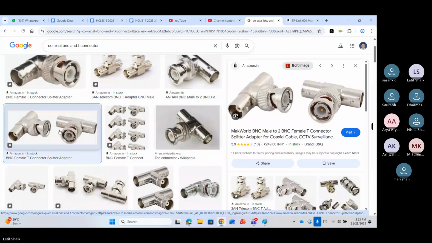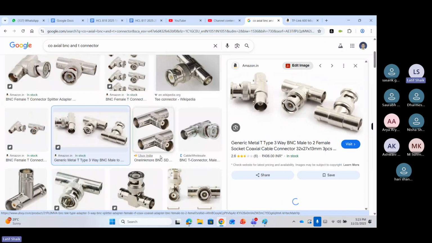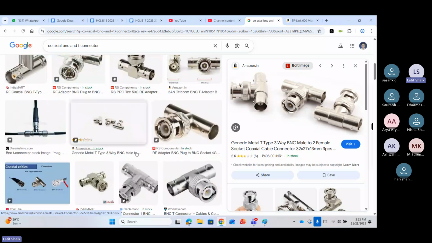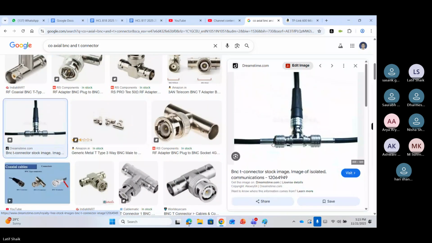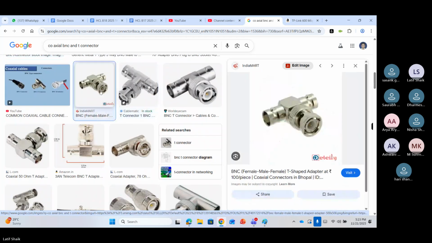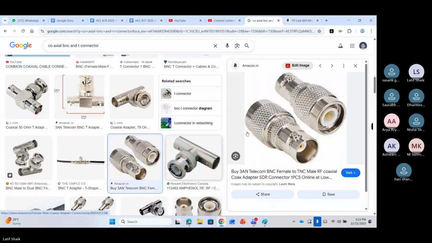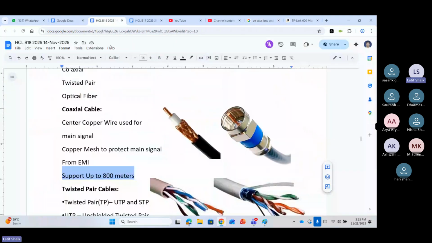These are cable splitting types: one cable is going on, it is split and sent to another one like this, a separate connection part. So this is a BNC connector, BNC T connector, and BNC terminator. Terminator means the end of the cable.